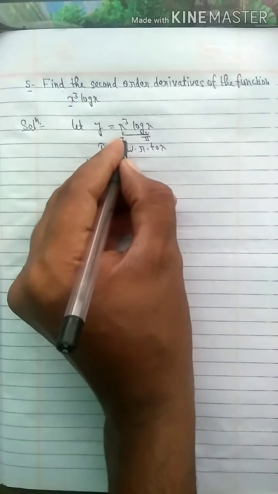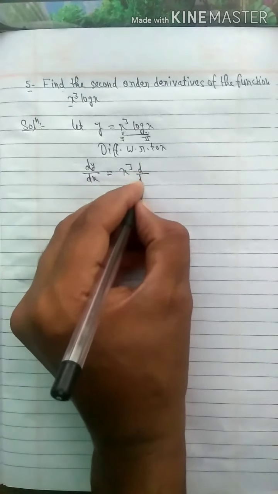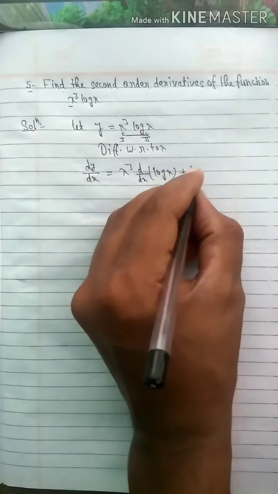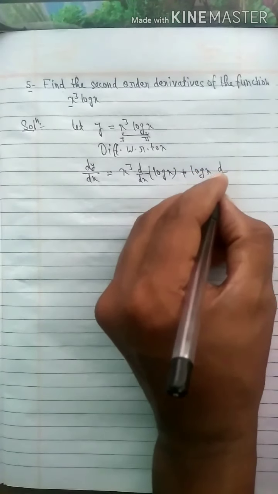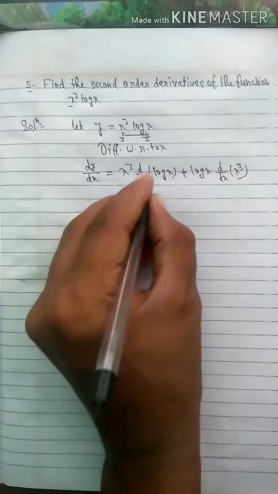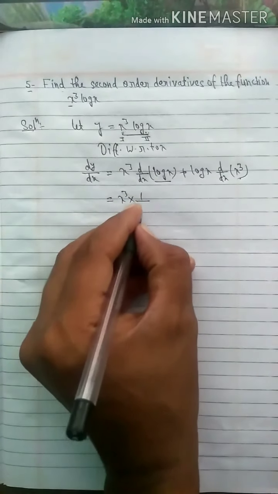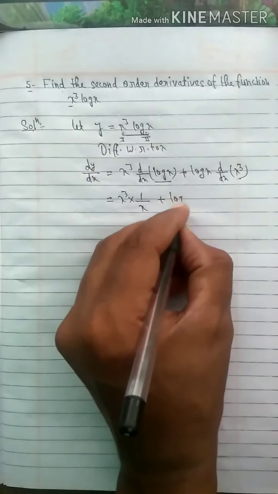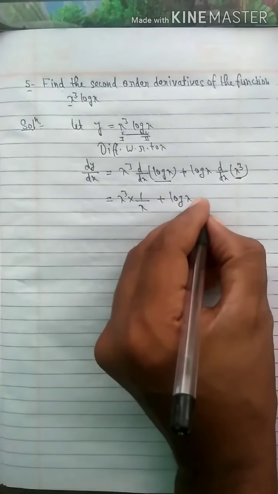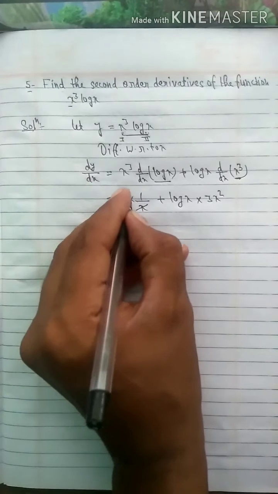Now expand it by the formula: the first function into d by dx of the second function plus the second function into d by dx of the first function, and now differentiate it. x cube, the derivative of log x is 1 by x, plus log x into the derivative of x cube, which is 3x square, and now 1 by x is cancelled out.